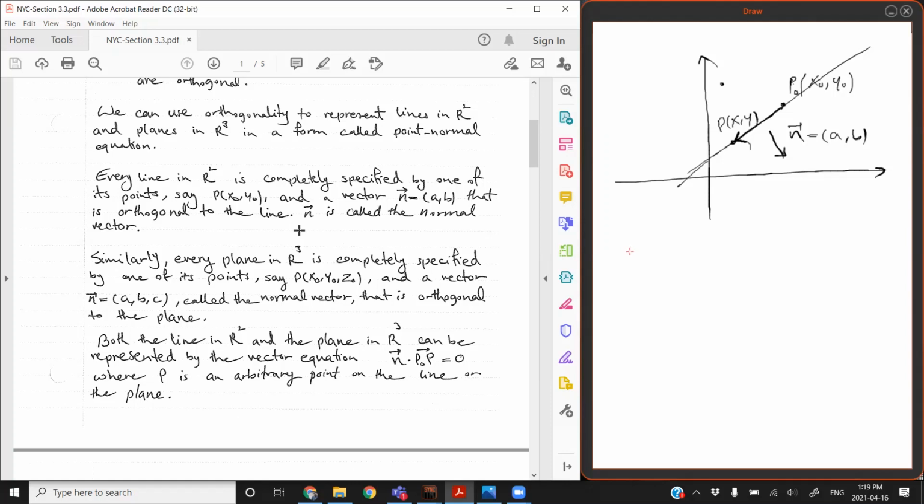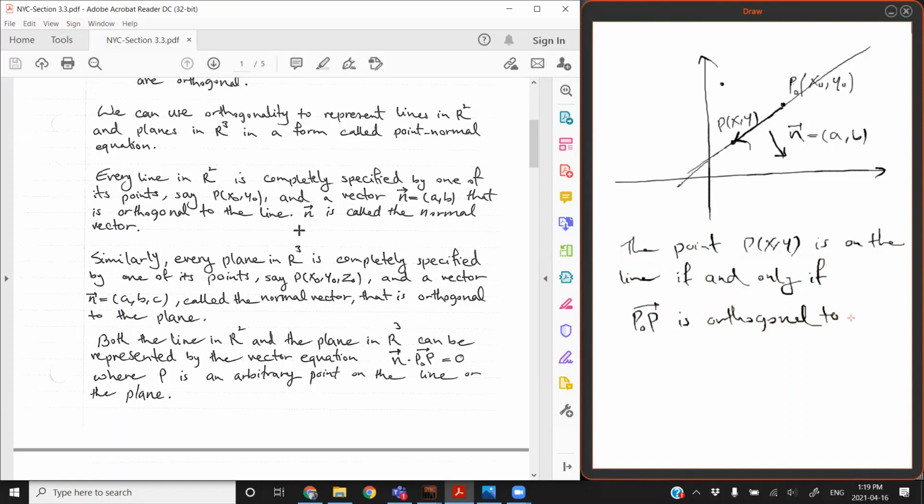So the point P(x, y) is on the line if and only if the vector P0P is orthogonal to the vector n.